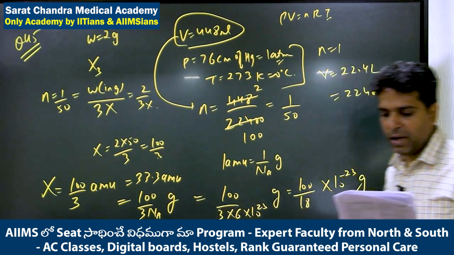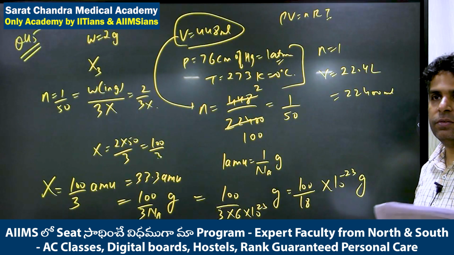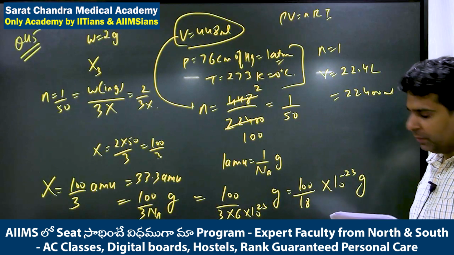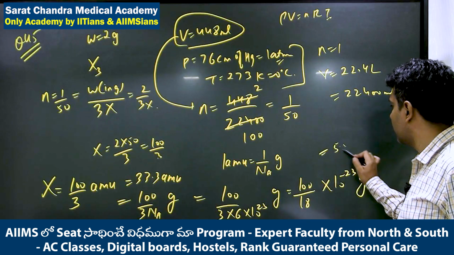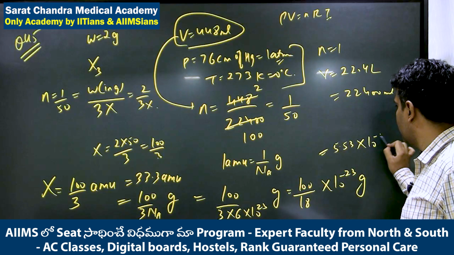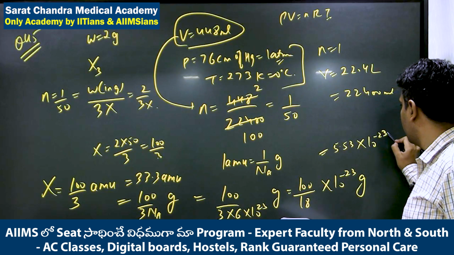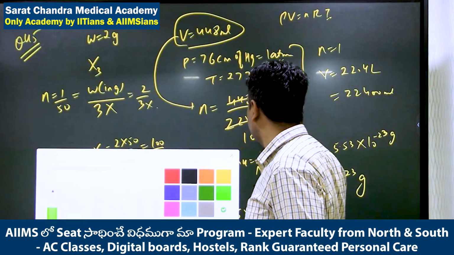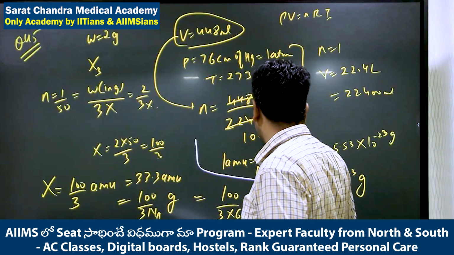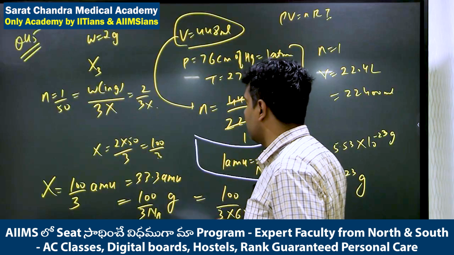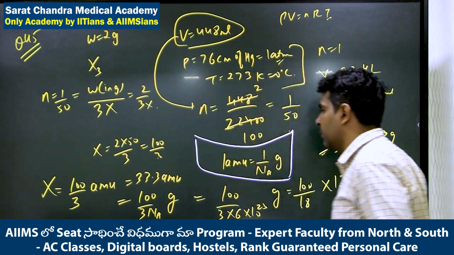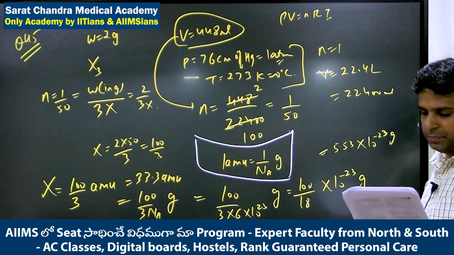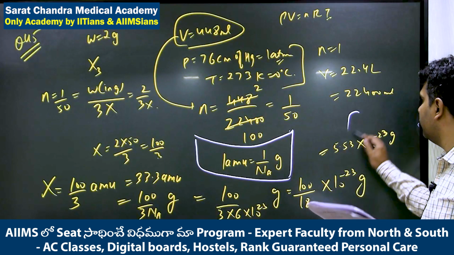So check, 100 by 18 is 5.53. Just check once. 5.53 it is coming, 100 by 18. So answer will be B option.